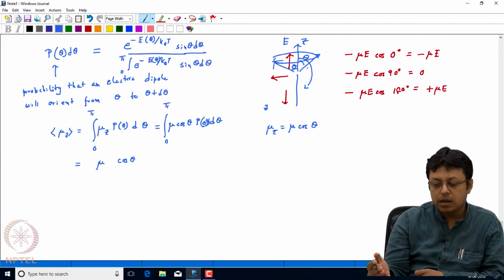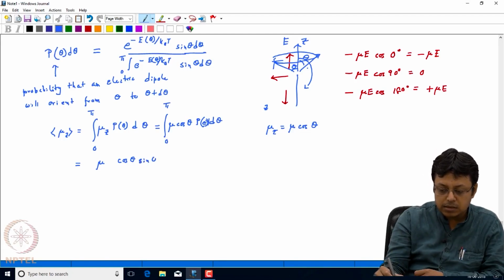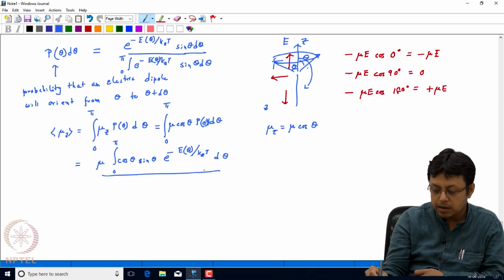And then once we integrate over all the orientations, I'll have cos theta, sin theta, and then e to the power minus e, which is a function of theta, over kBT, d theta, integral 0 to pi, divided by, in the denominator, e to the power minus e by kBT.